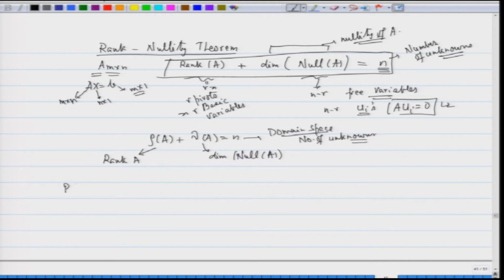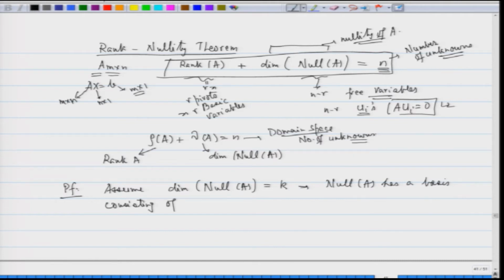Proof. Assume the dimension of the null space of A is some k. This implies the null space of A has a basis consisting of k vectors.